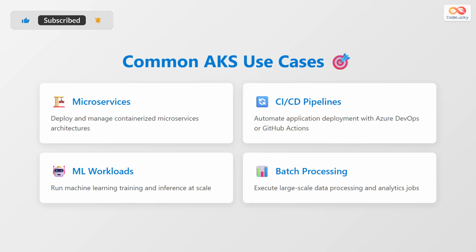It is also powerful for running machine learning workloads, providing the infrastructure needed for training models and running inference at scale. Additionally, AKS is ideal for batch processing, allowing you to execute large-scale data processing and analytics jobs efficiently. These use cases demonstrate the versatility and power of Azure Kubernetes Service for modern application development.